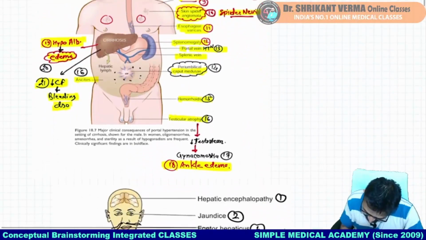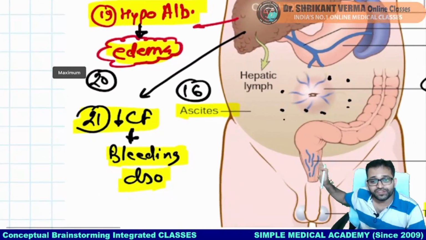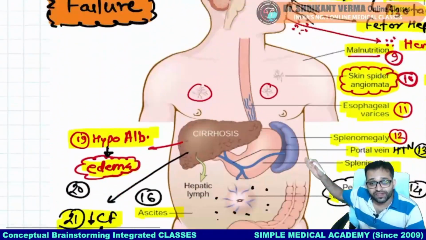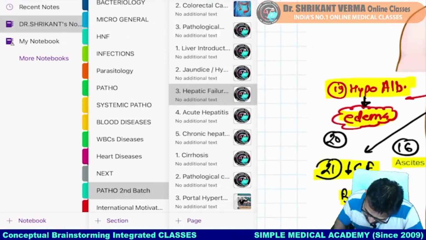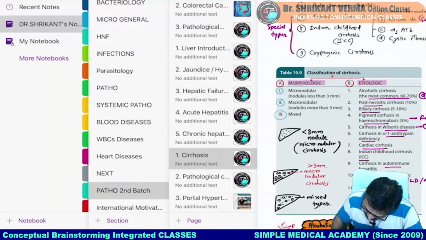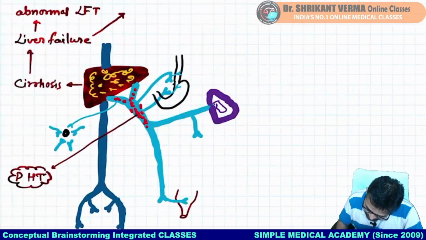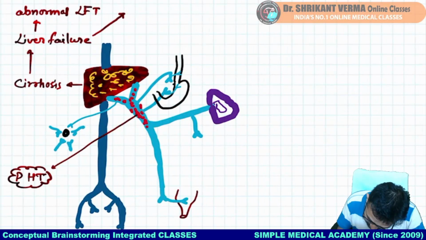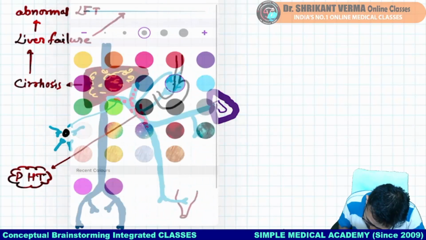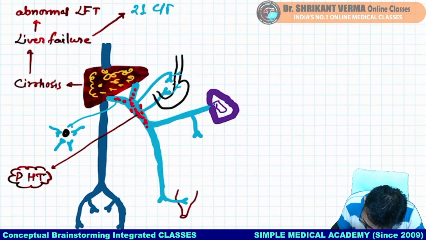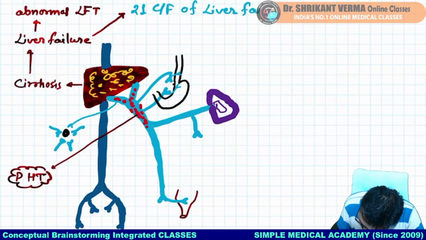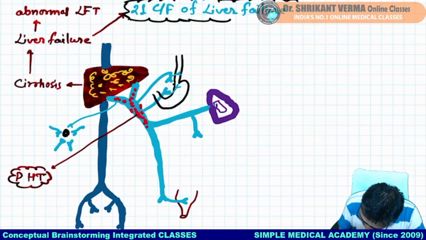We had seen the 21 clinical features of liver failure. So recall this one, I am just indicating one line. Go for that class. Everyone, getting the point?